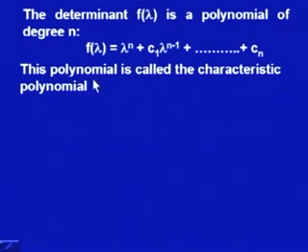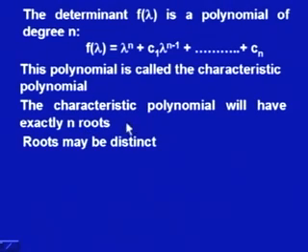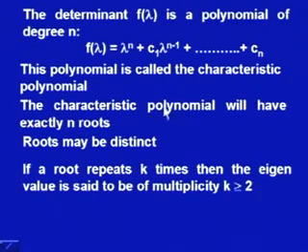This polynomial is called the characteristic polynomial, and since it is a polynomial of degree n, it will have exactly n roots. These roots may be distinct, meaning all of the roots may be different, or some of the roots may be repeated.